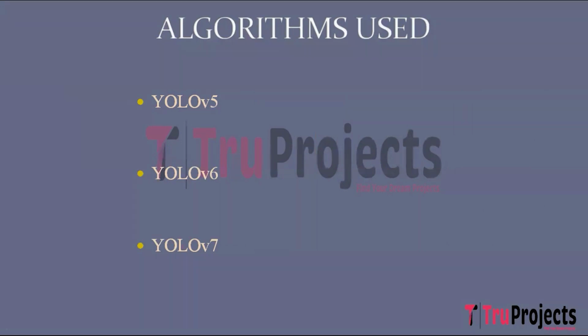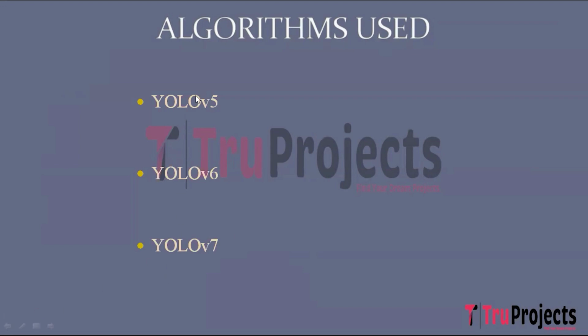It predicts multiple bounding boxes and their associated class probabilities for each grid cell and then removes redundant detections using non maximum suppression. So this results in a final list of detected objects along with their bounding boxes and probabilities.